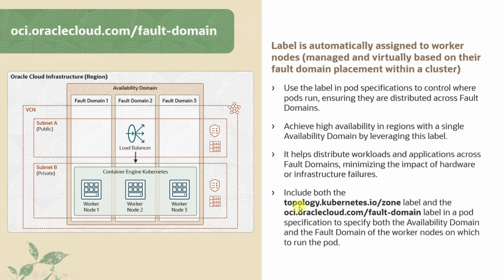For comprehensive control, include both the topology.kubernetes.io/zone label and the oci.oraclecloud.com/fault-domain label in a pod specification. This allows you to specify both the availability domain and the fault domain of the worker nodes on which the pod should run. This ensures precise placement within the cluster.